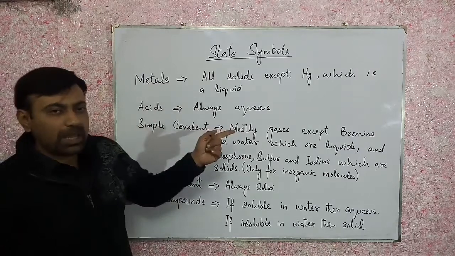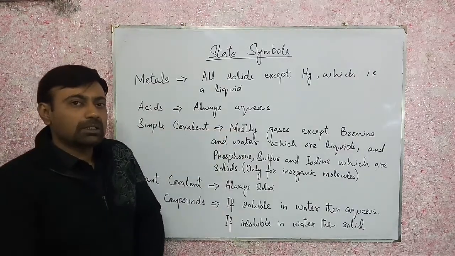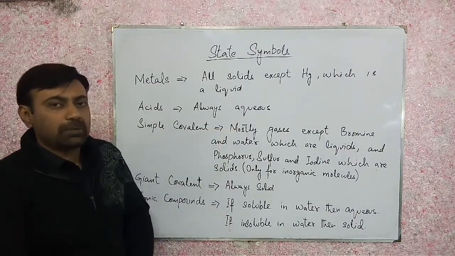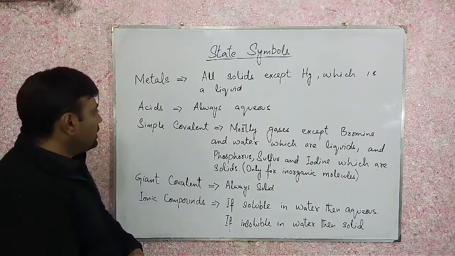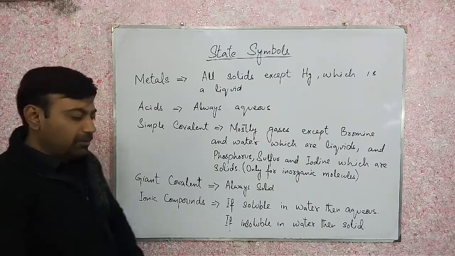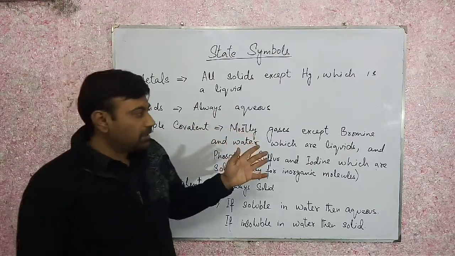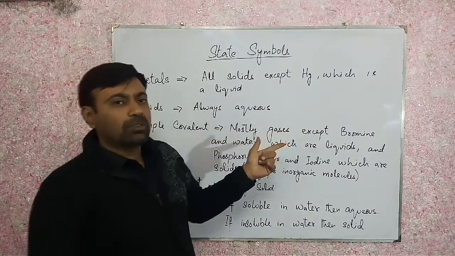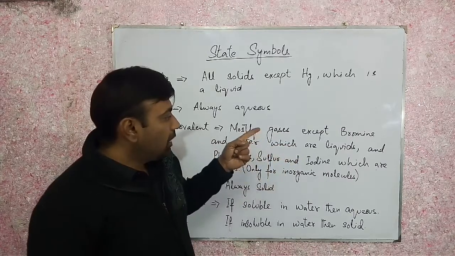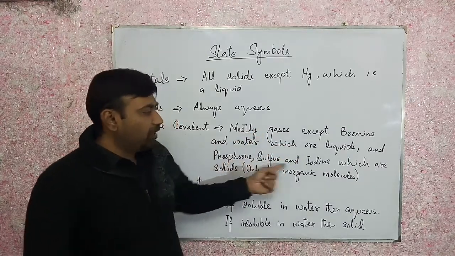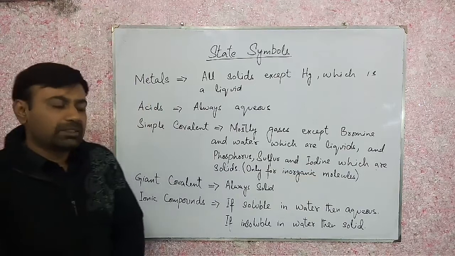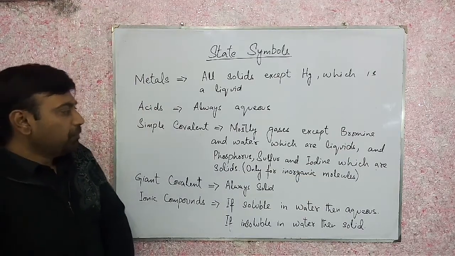Acids, they will always be aqueous, because there is no acidity in the absence of water. Then simple covalent, if the molecule is simple covalent, most of them are gases except bromine and water, which are liquids, and phosphorus, sulfur and iodine, which are solids at room temperature and pressure.